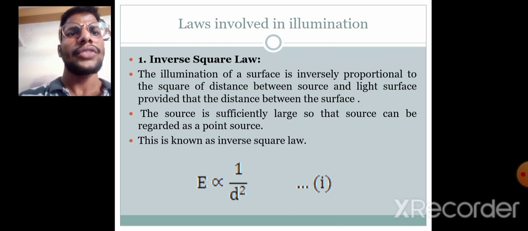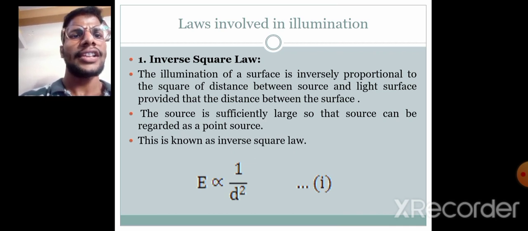The illumination of a surface is inversely proportional to the square of the distance between the surface and the light source, provided the distance between the surface and the source is significantly large so that the source can be regarded as a point source. This is known as the inverse square law. E is illumination, and E is inversely proportional to the square of the distance.